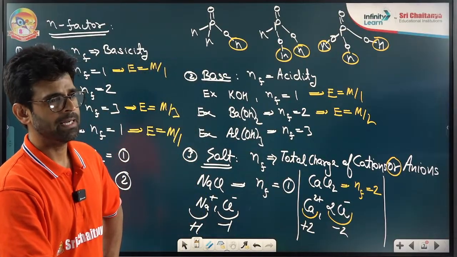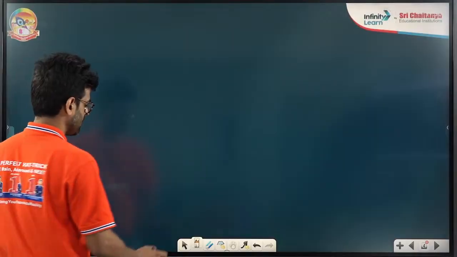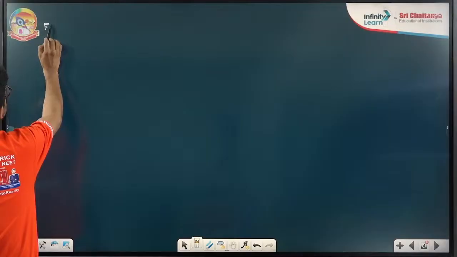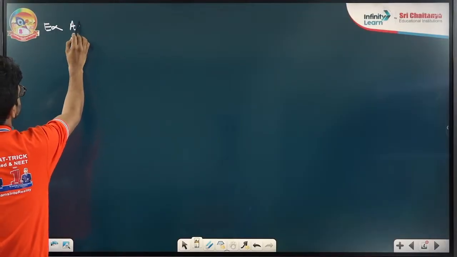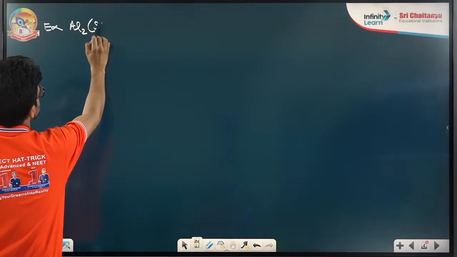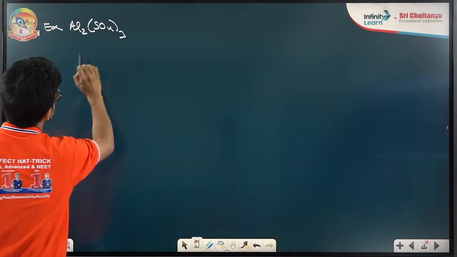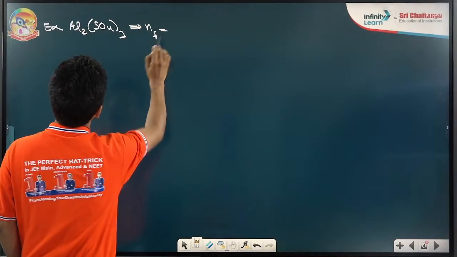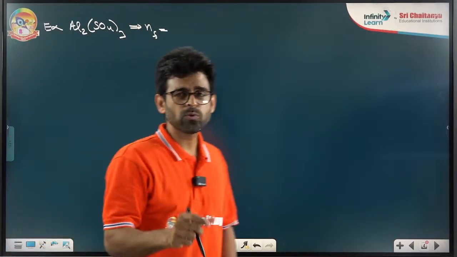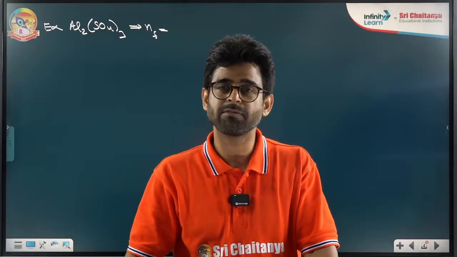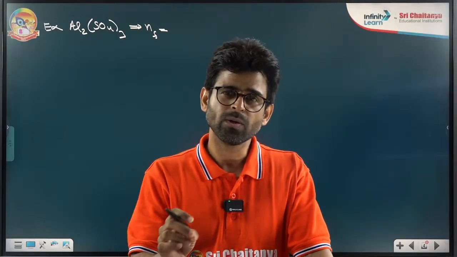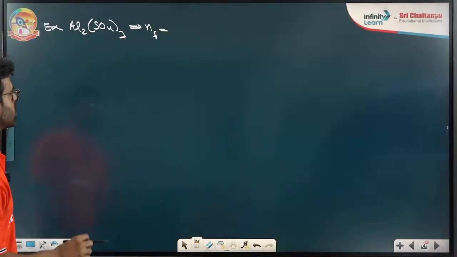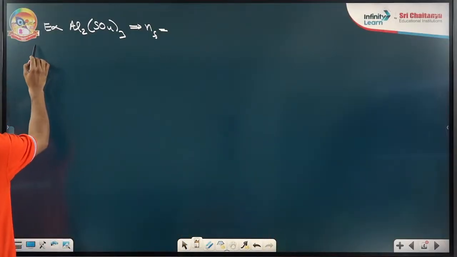The next one, let us take this example. Imagine we have Al2(SO4)3. Try to find its N factor. Total charge of cation and total charge of anion you have to count.